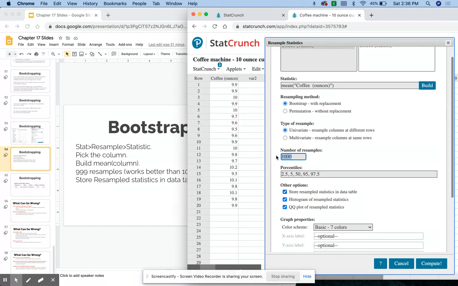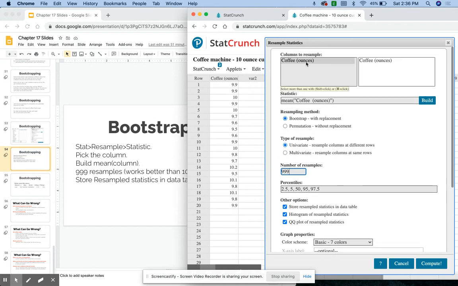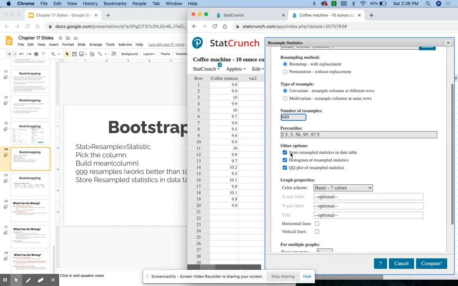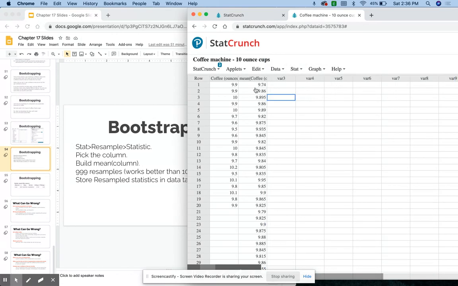And for StatCrunch, 999 resamples seems to work better than 1,000. So if you click your column, build the mean of that column, put in 999 samples, make sure that you store the resampled statistics in the data table, and click Compute. It will automatically store the resampling in the column next to the original column.